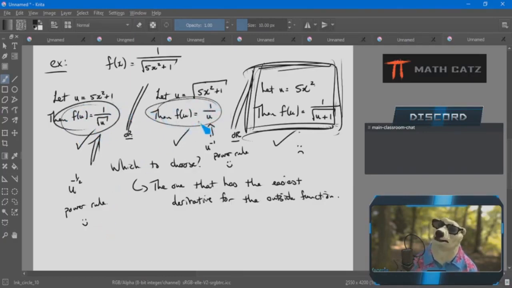How easy is it to find the derivative of this middle one? Yeah, power rule, pretty easy, good choice. How easy is it to find the derivative of that last guy? Bad choice. There will always be a good choice, but you need to know your choices and then pick the right one. So unfortunately, we have to pause it there.